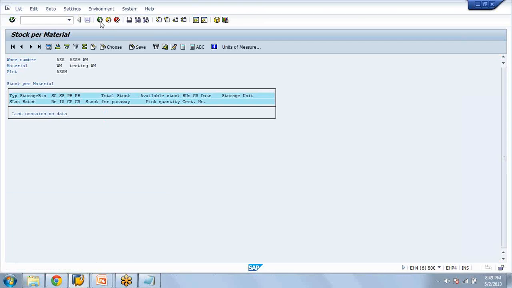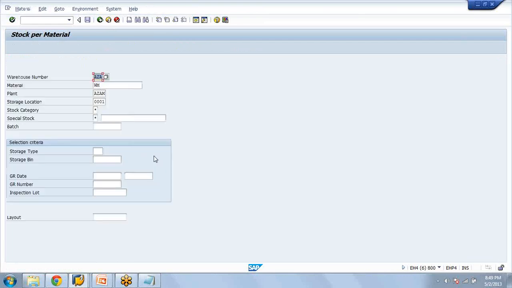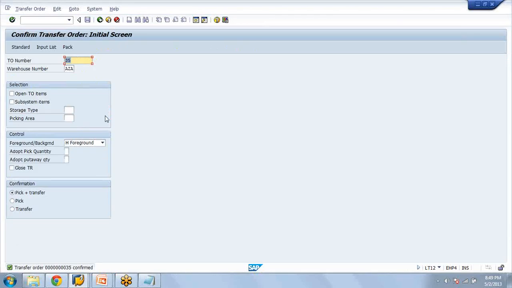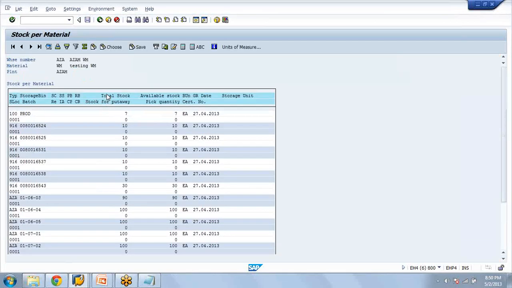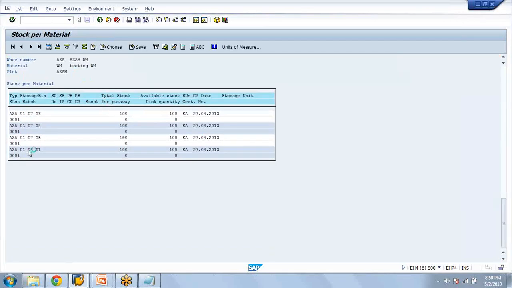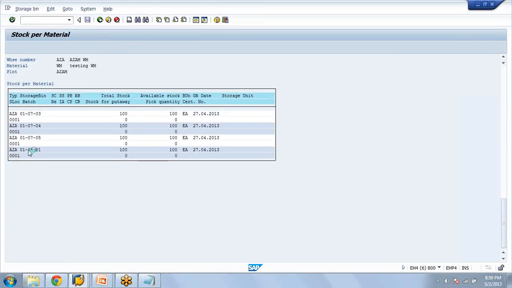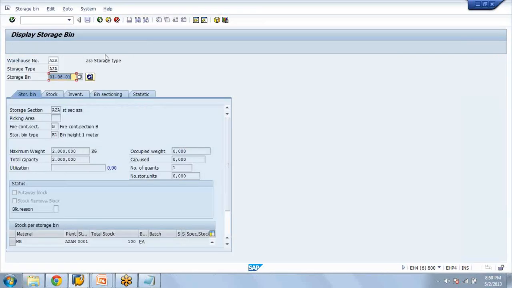It has gone now, since we have transferred from blocked stock to unrestricted stock. Okay, understood? It was there earlier, so now it has been changed. This is what a posting change is called.